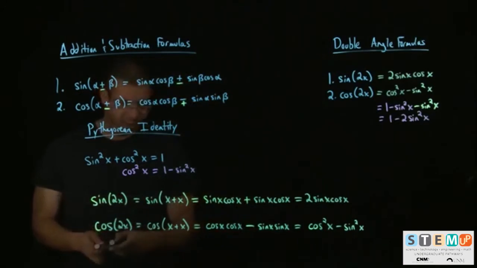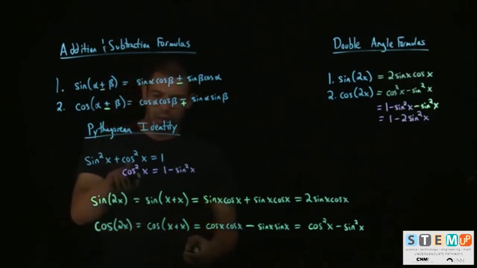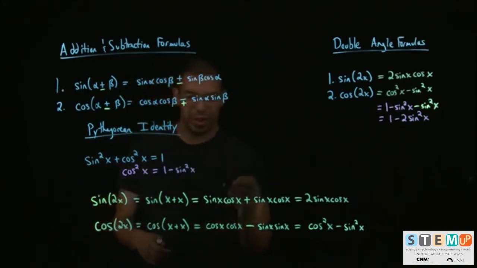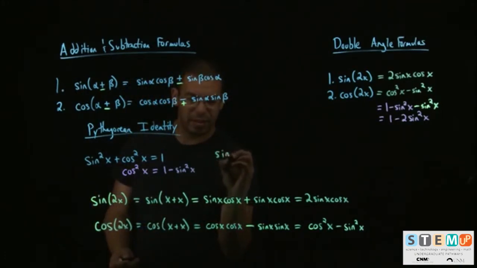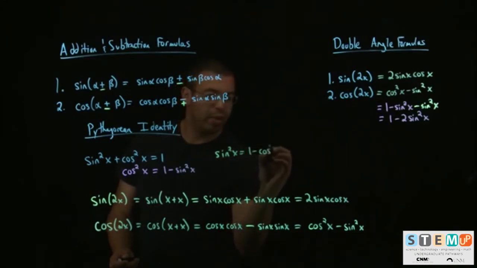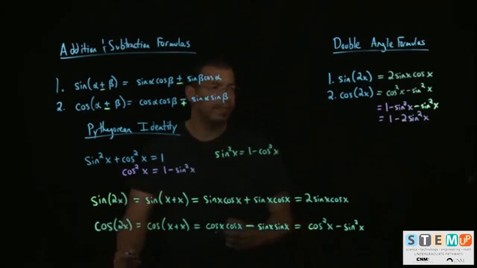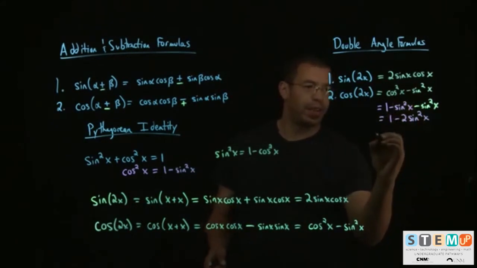And similarly, using this Pythagorean identity, if I subtract cosine squared from both sides, I'll have that sine squared is equal to 1 minus cosine squared. So let's try that over here.